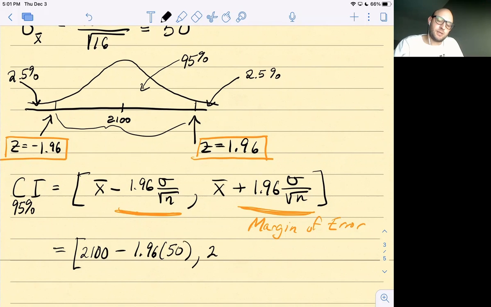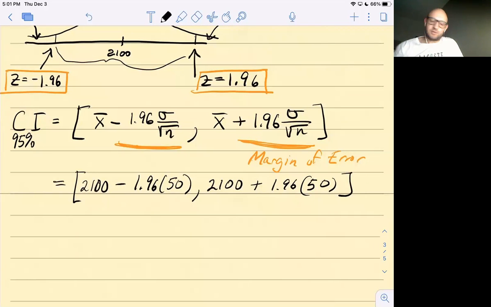That's right. 2100 plus 1.96 times 50. And 1.96 times 50 is 98. So the interval is going to be 2002 to 2198.